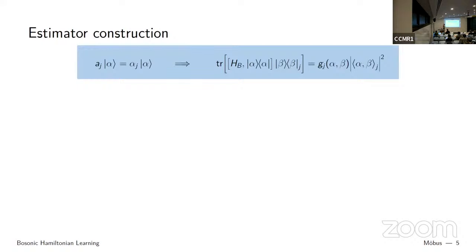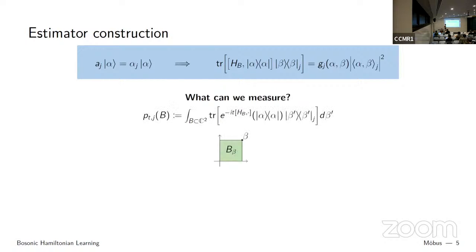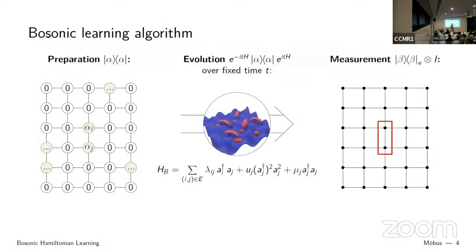So what we really can measure is this probability, or estimate this probability distribution. So now you see this is the evolved state, the measurement, this is our density, and we integrate over a region in the complex plane, and here I'm restricting now to site J. So the measurement here is locally defined and just on site.